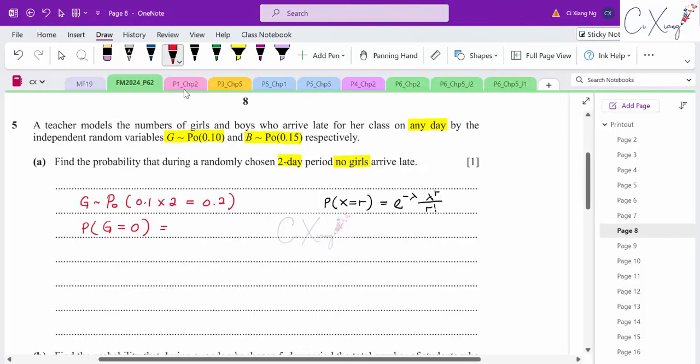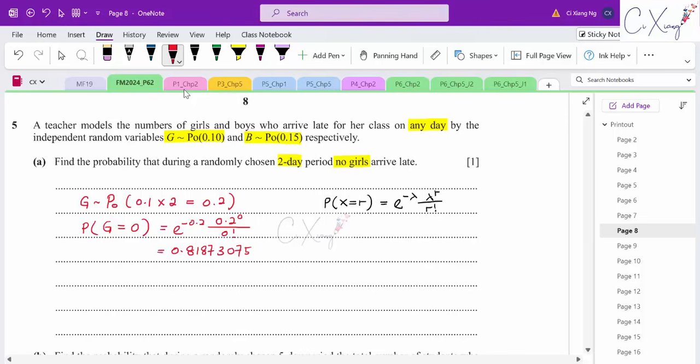So we'll have e negative lambda, lambda power 0, divided by 0 factorial. If you press the calculator, this is the answer that you should get. Then of course we correct it to 3 significant figures, which is 0.819.